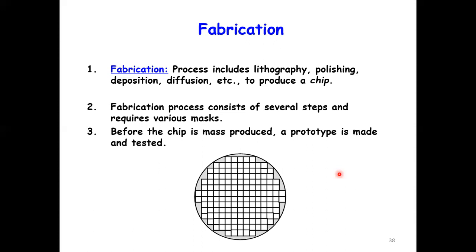So suppose my production will be 100. Within that, first we produce 3-4, and test those 3-4 thoroughly, and if that testing works properly, then we start mass production. This is the normal process for the final fabrication. So before the chip is mass produced, a prototype is made and tested.